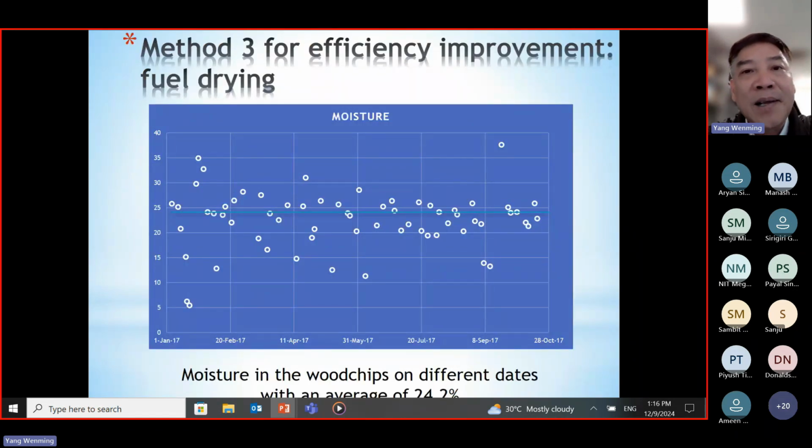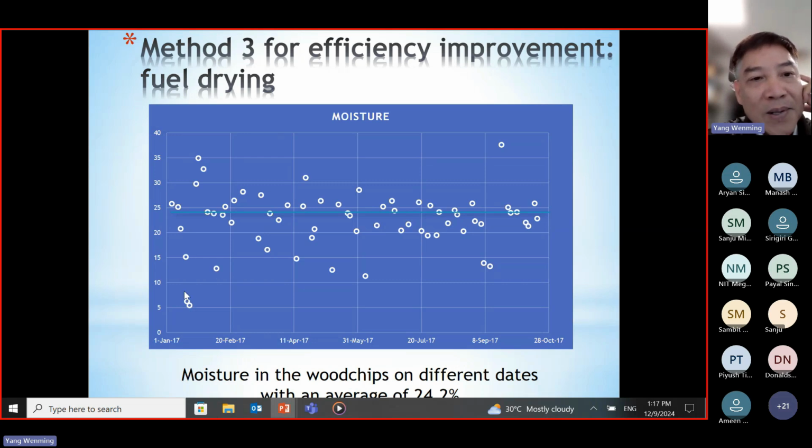Okay, so the method is for fuel drying. Just like I showed you, the moisture level for the rubbish and for some of the biomass is actually very high. Here we show the moisture levels we collected from about 60 to 70 samples.